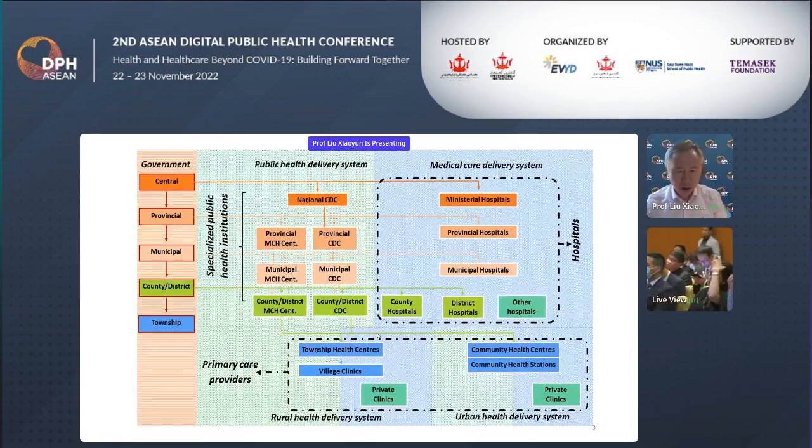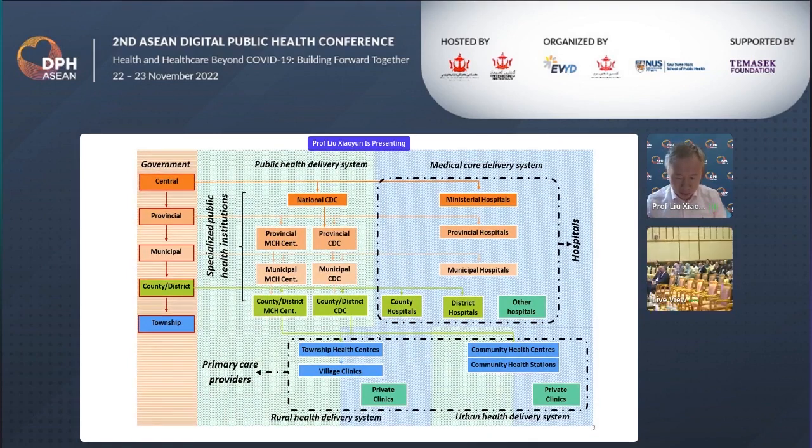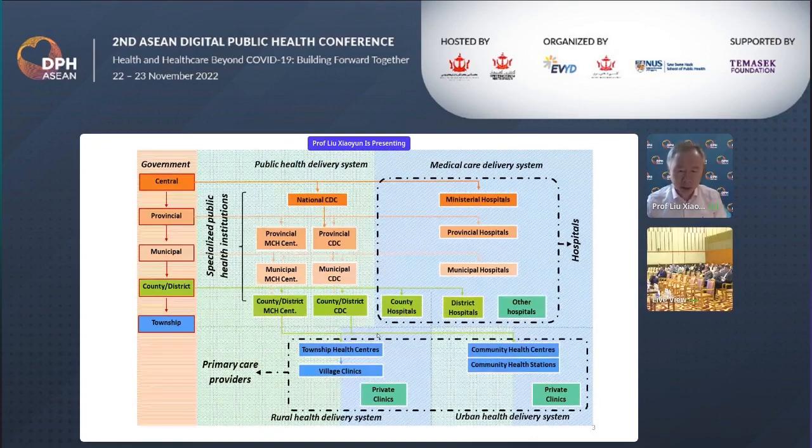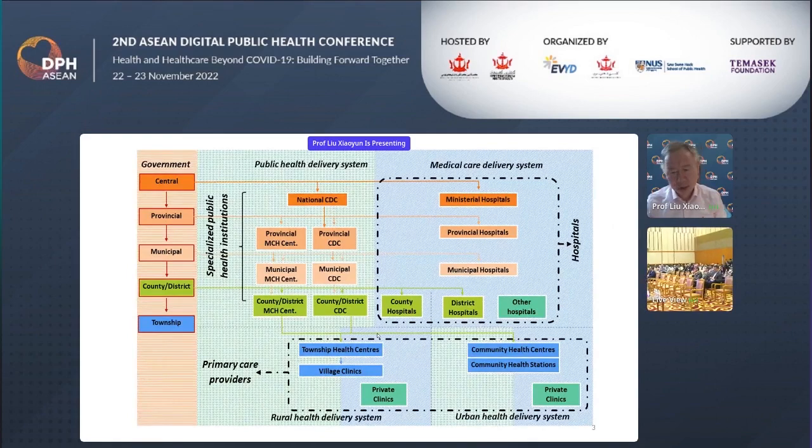We have an urban health delivery system in primary care and a rural system. In rural areas, we have township health centers and village clinics. In the urban health system, we have community health centers and stations.